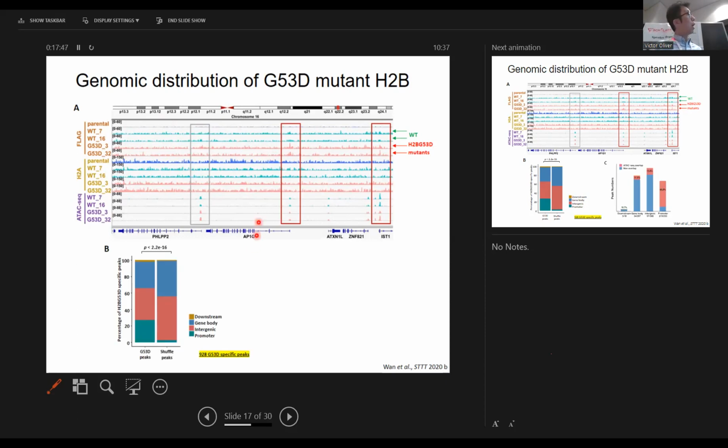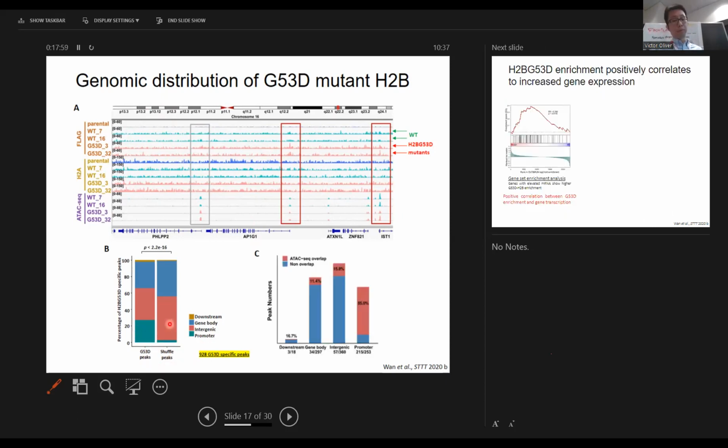And if we compare the CUT&RUN peaks to the control peaks, you can see that many of these G53D H2B peaks are located in the promoter region compared to the chaperone peak, which is the control. And many of these G53D mutant peaks are co-localized with the ATAC-seq peaks, suggesting that they are located at the open chromatin region.